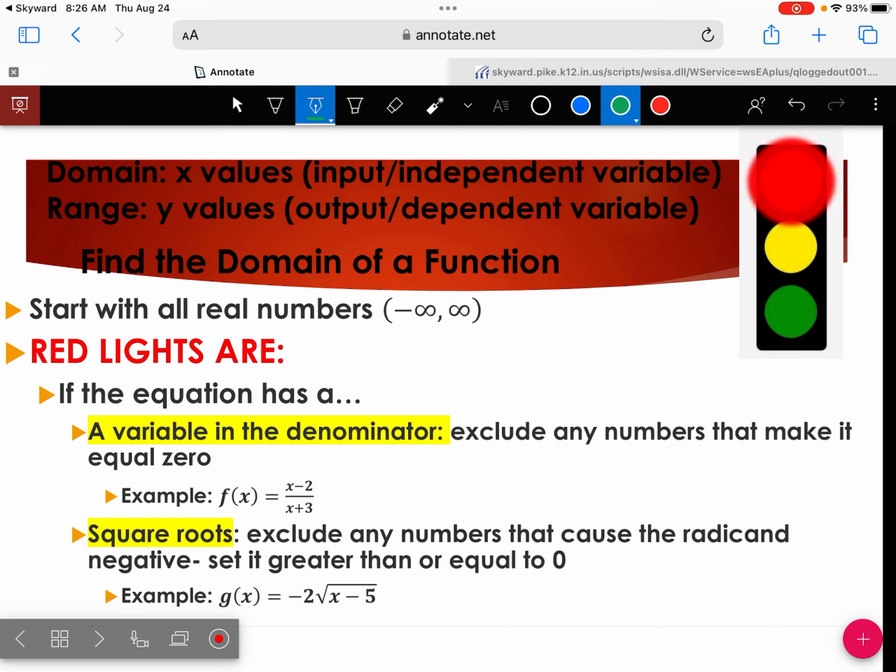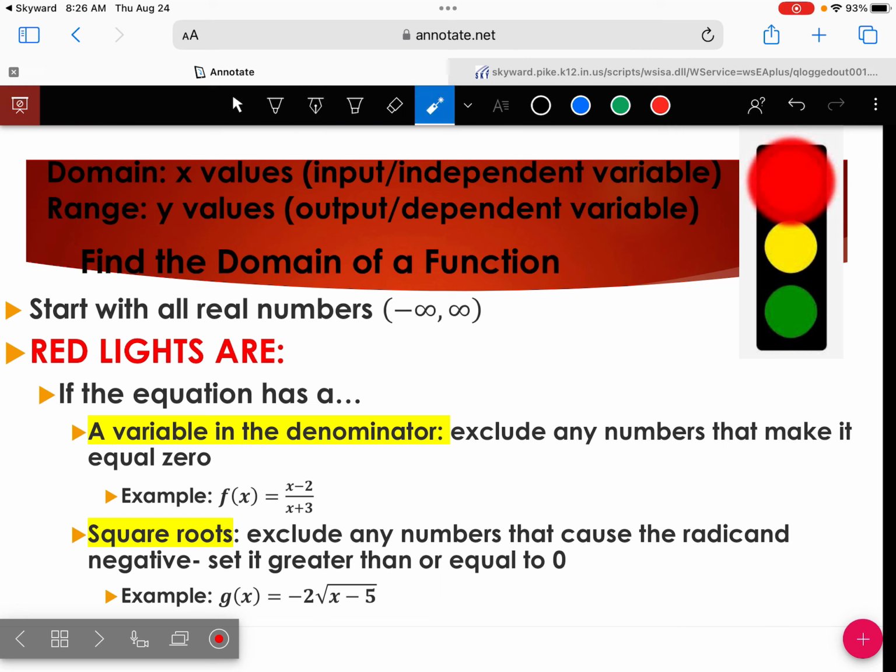So we're going to start with all real numbers. And I like to say we look for two red lights. I did tweak this just a little bit. You might want to write this off to the side. Unless you see one of these red lights, we stick with all real numbers as our domain.